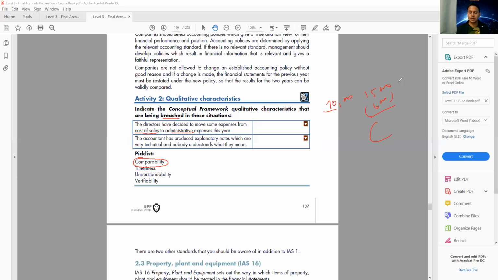So now you will tell this year cost of sales is 9,000, even though it was 15. And because of that, admin cost, even if it was low, will go high because you moved some direct cost to the indirect cost. Now the admin people, the selling people, they will have more pressure, like how come your cost has gone high? So this cannot be comparable. So this is you sacrificing the comparability. So it's comparability.